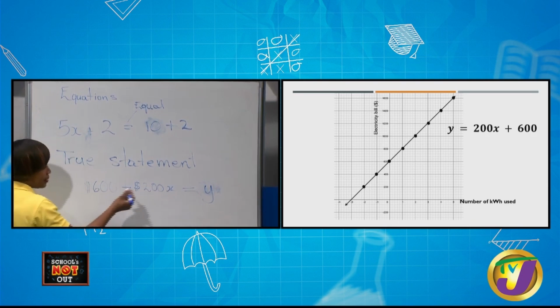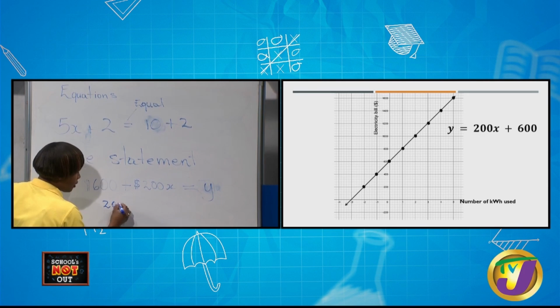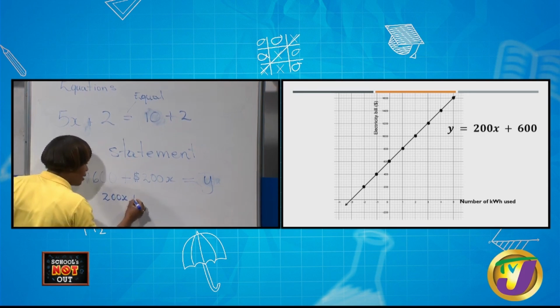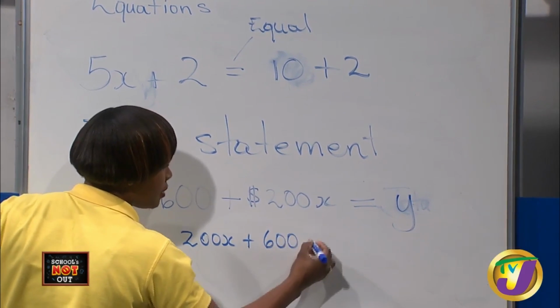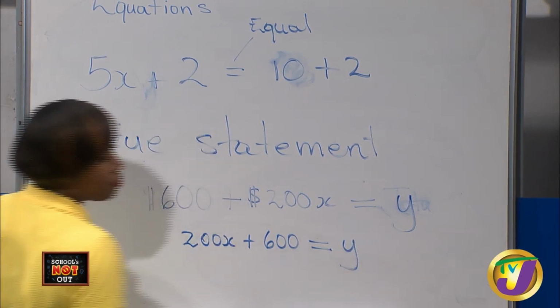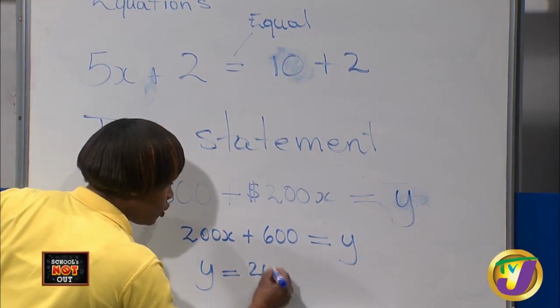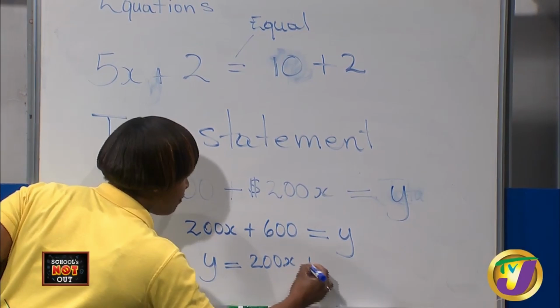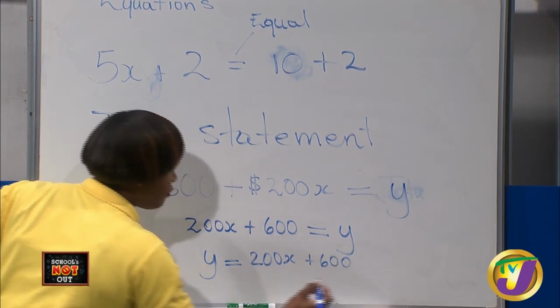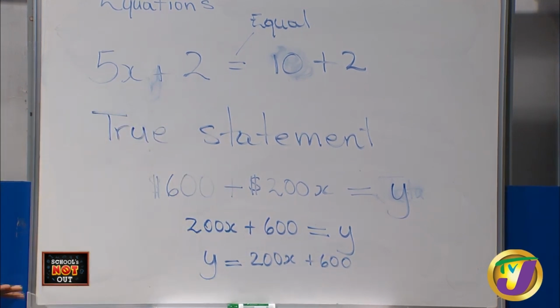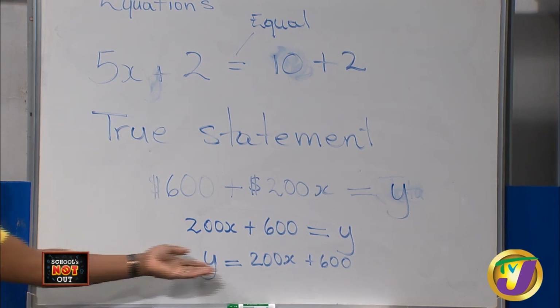I can put 200x first, and then add the 600 to it, and I still will equal my Y. And I can also do it the other way too. I have not changed the value of anything, have I? I've rewritten it, but they still stand.